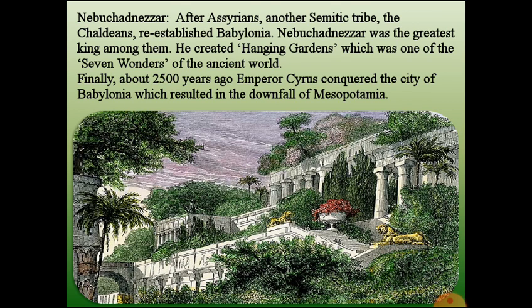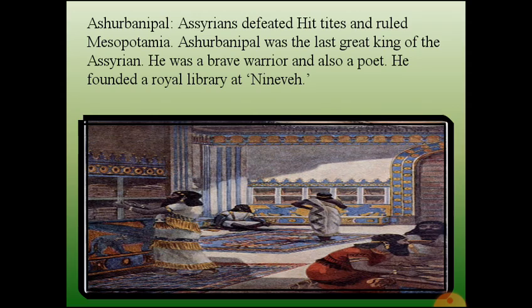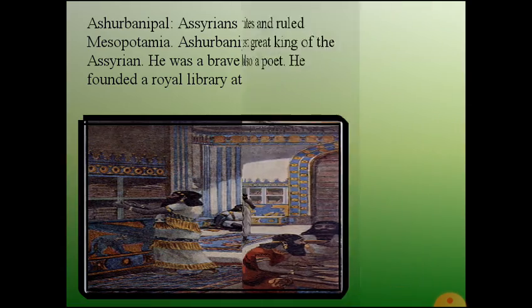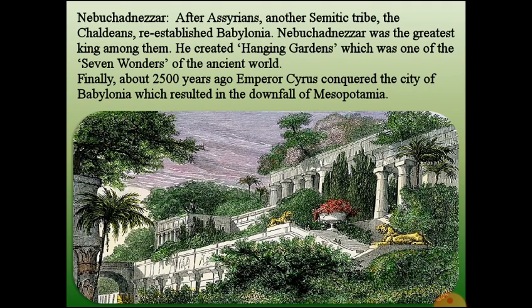The Hanging Garden is built in rows, and you can see there a step coming downwards in the slide. And this is called the Hanging Garden.